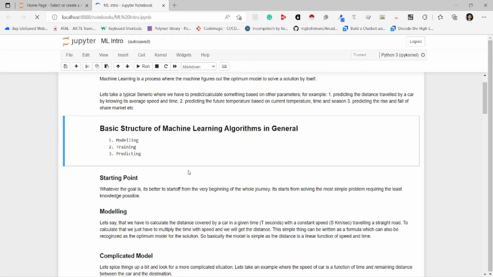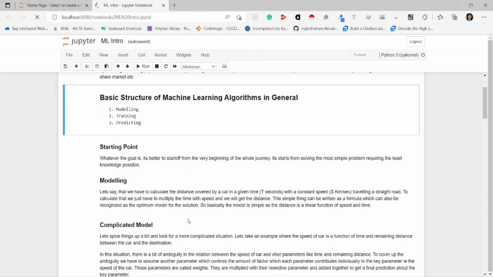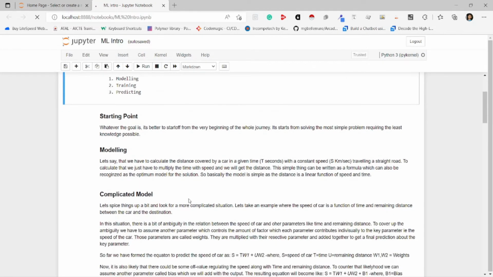So whatever the goal is, it's better to start off from the very beginning of the whole journey. So we start from solving the most simple problem requiring the least knowledge possible. Let's say that we have to calculate the distance covered by a car in a given time with constant speed as kilometer per second traveling a straight road.